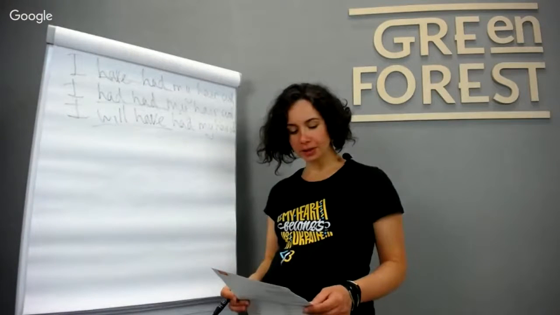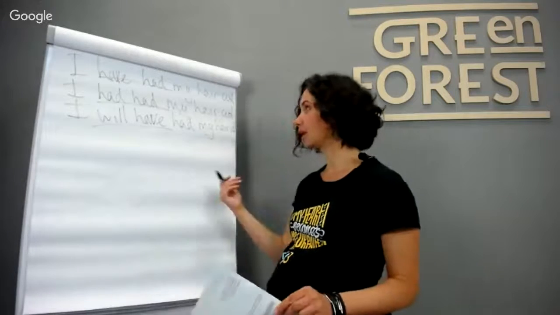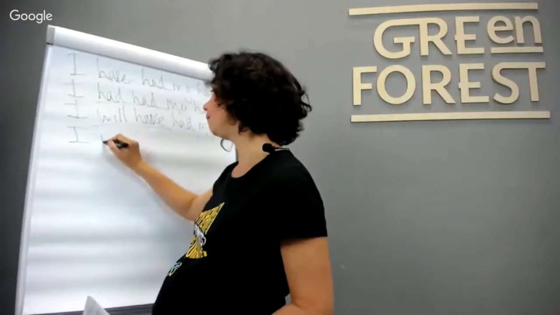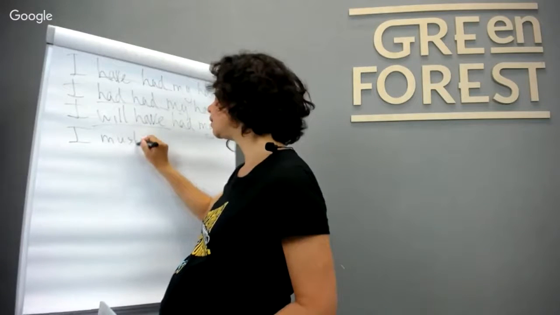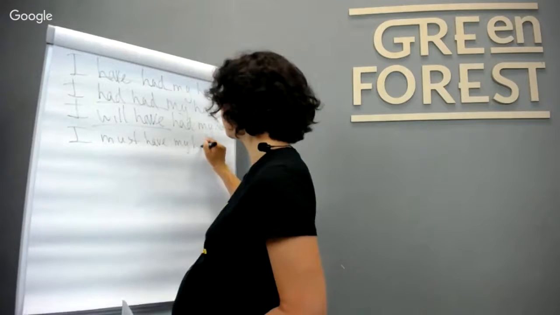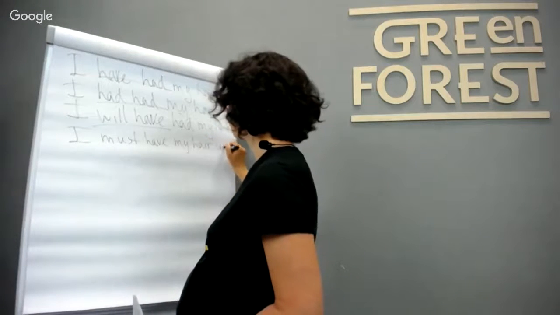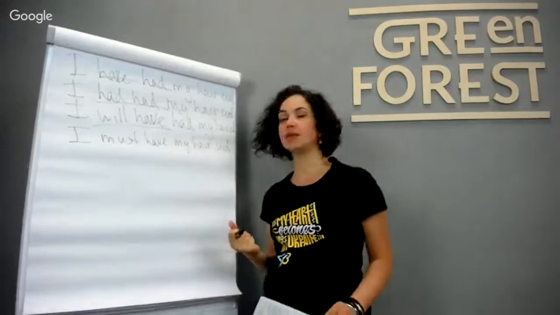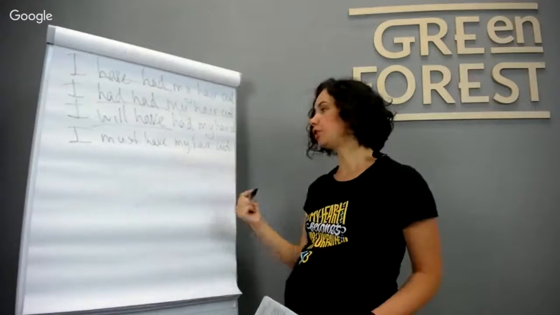Also, I would like to look with you at the construction with modal verbs. For example, I must have my haircut. So we just use a modal verb, and after this the construction in the infinitive form, we don't change have.